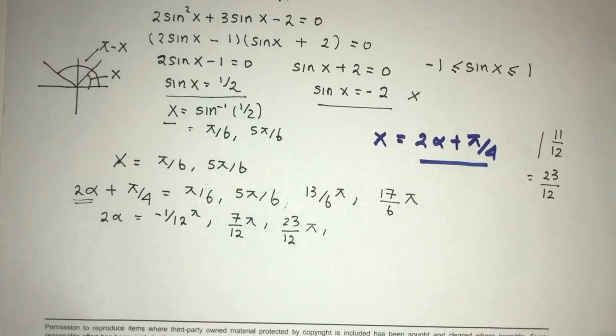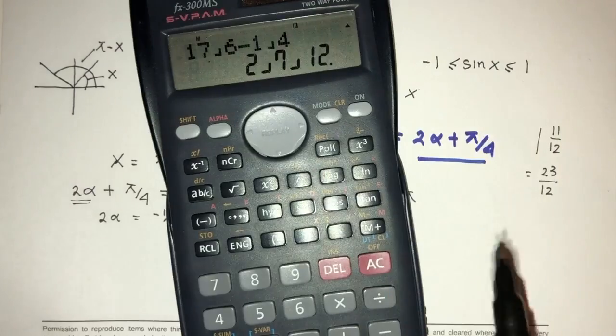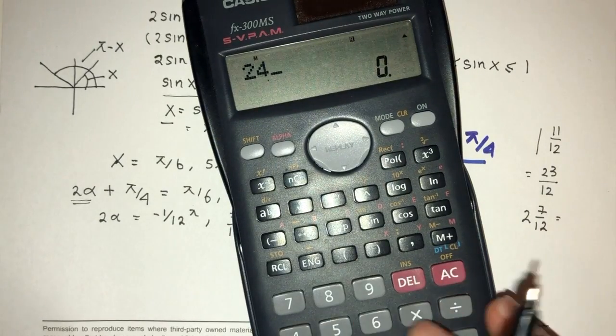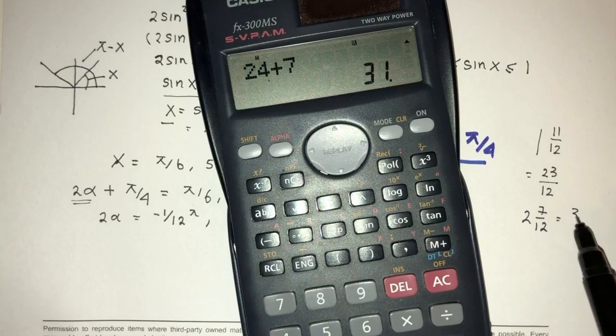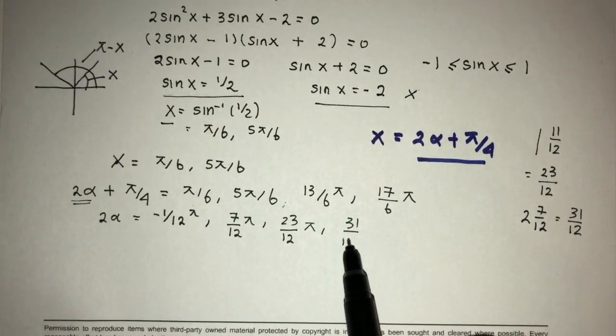And the last one, 17 over 6 minus 1 over 4, that will be 24 plus 7, that will be 31 over 12. So 31 over 12 pi.